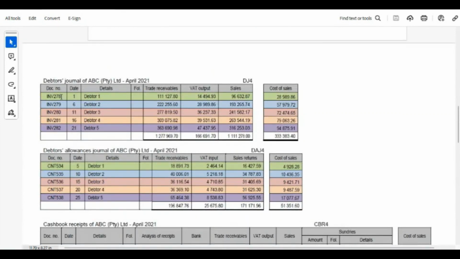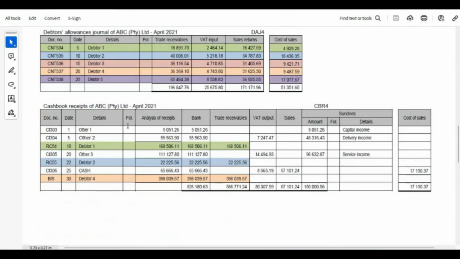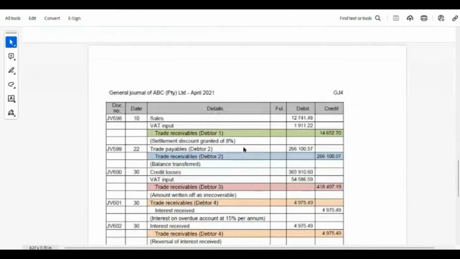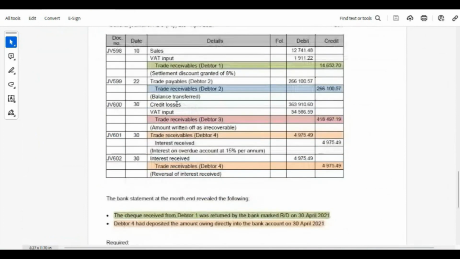So there was a sale to debtor 1, there was a return from debtor 1, there was a payment from debtor 1, and then there was a settlement discount that was granted to debtor 1. Now remember, all of this information is given. I'm just going and I am marking everything that relates to this data.